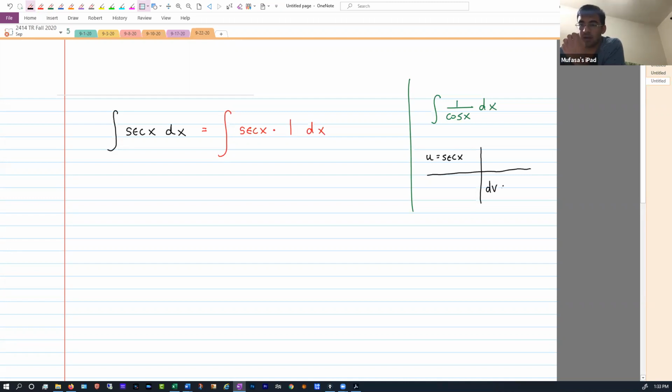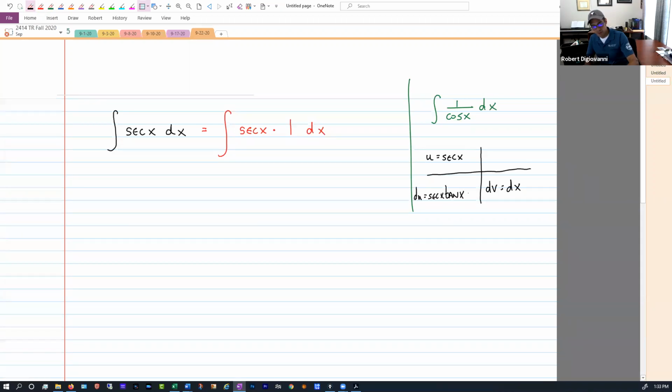And then dx, right? Yes. Okay, du would be secant x, tangent x, dx, right? That's the derivative of secant. And then you got to go up here, and this is going to become x. Yes.